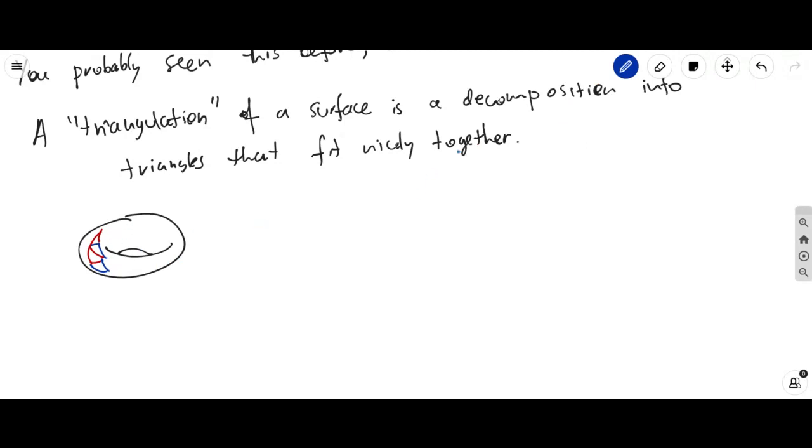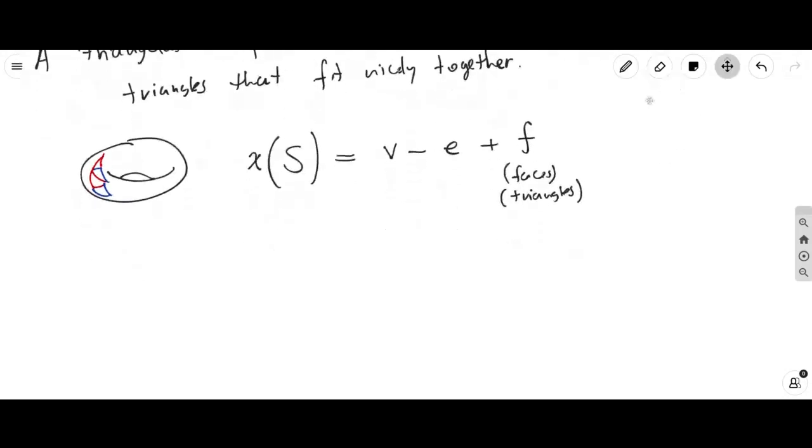You sort of cut it up into pieces, and then the Euler characteristic of a surface, once you triangulate your surface, would be the number of vertices minus the number of edges plus the number of faces. So V are vertices, and the F are faces. Faces just means triangles. How many triangles are you using?